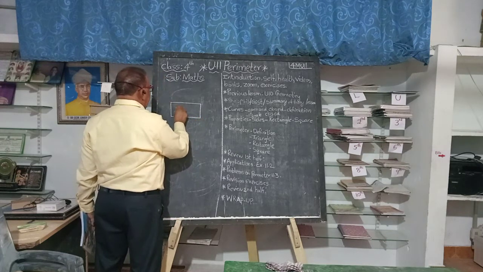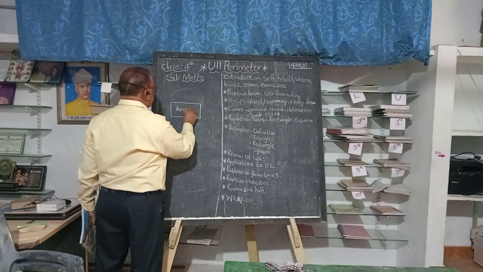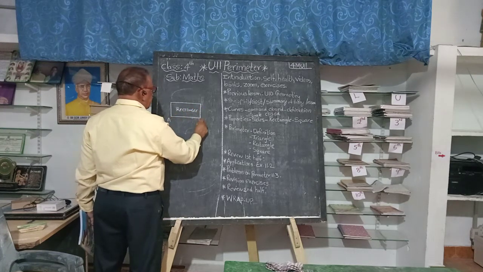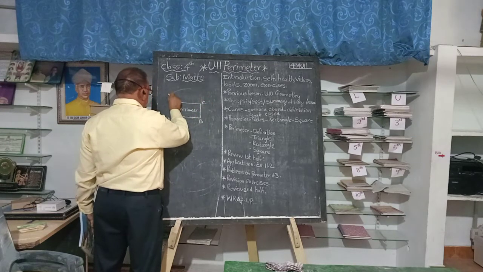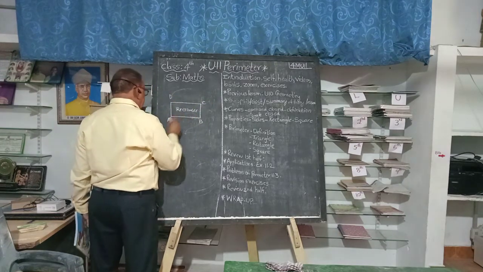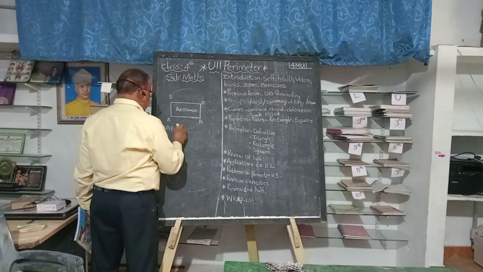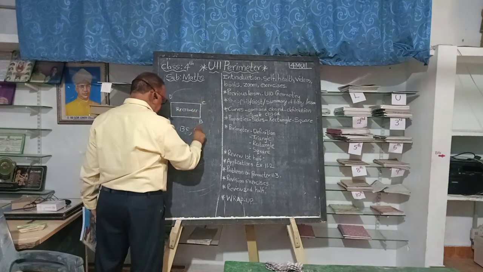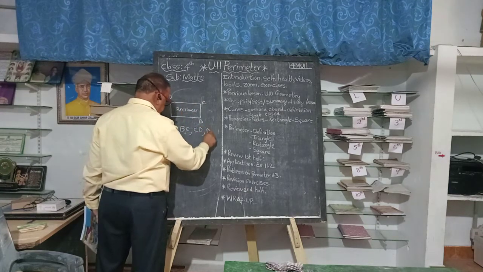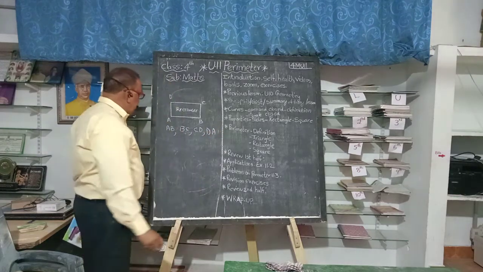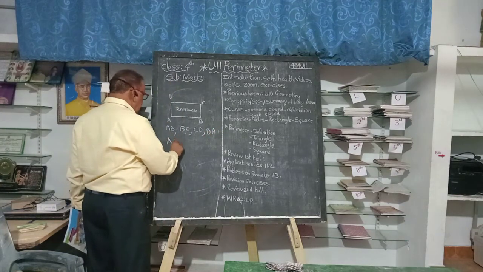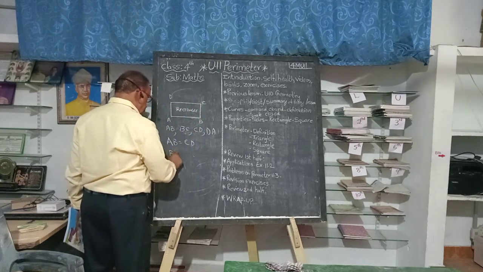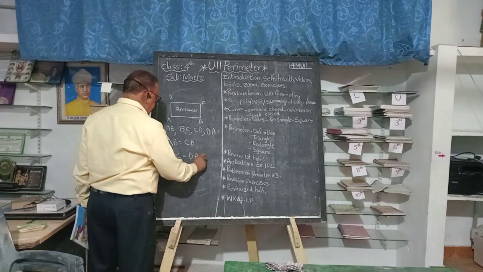Suppose you name it A, B, C, D. Now if you measure AB, BC, CD, and then DA, you notice that AB is equal to CD, and also BC is equal to DA.